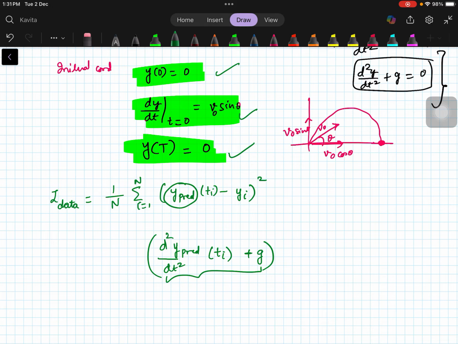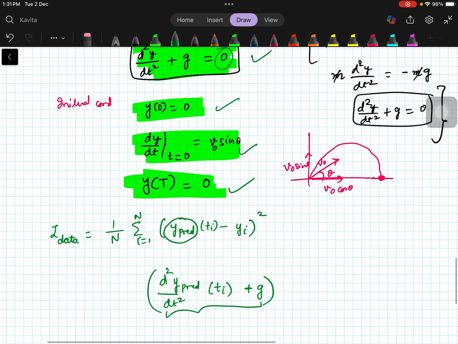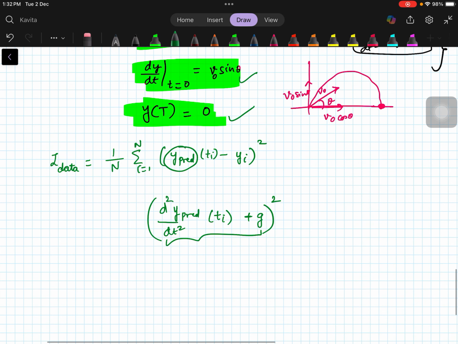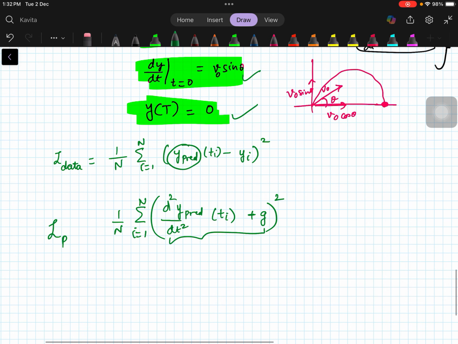If this is not 0, then I have a problem, because I want my predicted values to satisfy the physics of the model. So this also I will include, sum over i from 1 to n, 1 by n. I call it L physics. So this was my L data and this is L physics.